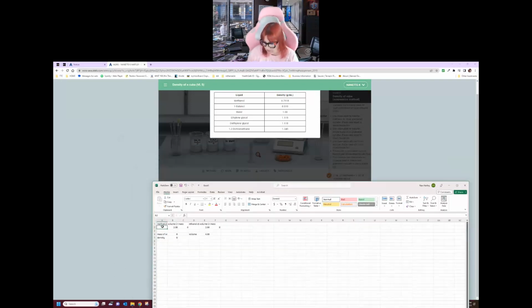Now, the density of methanol is 0.7918. The density of the ethylene, oh, it's actually ethylene glycol, sorry. And the density of the ethylene glycol is 1.115.